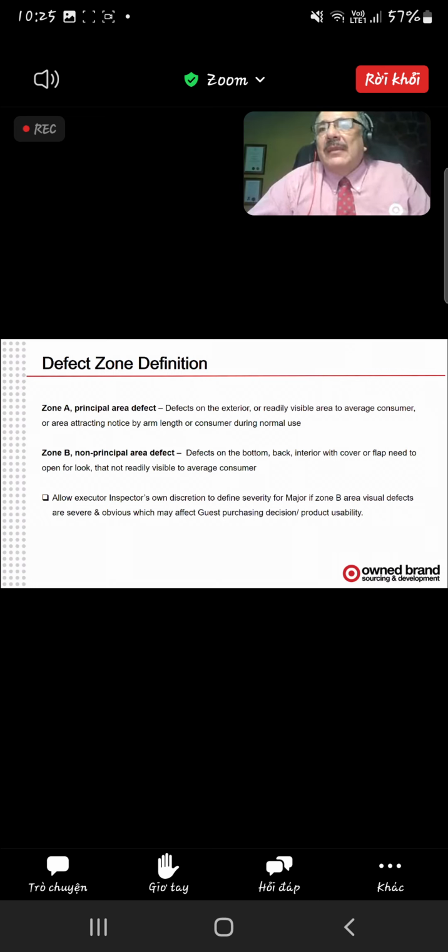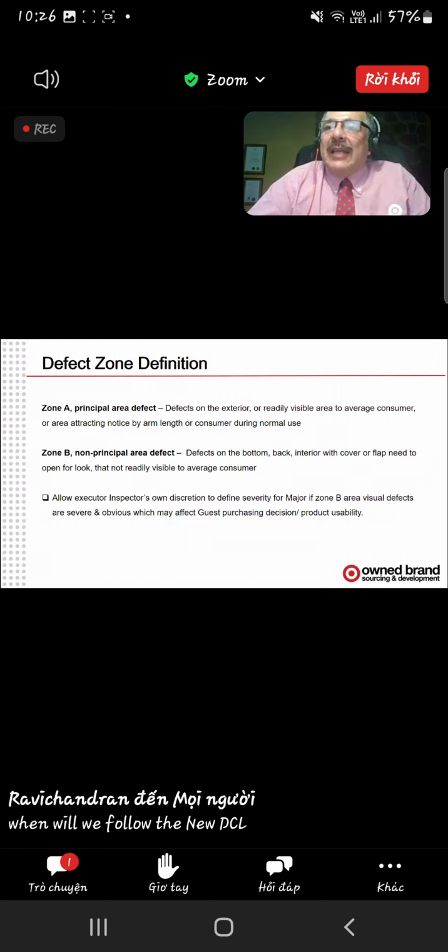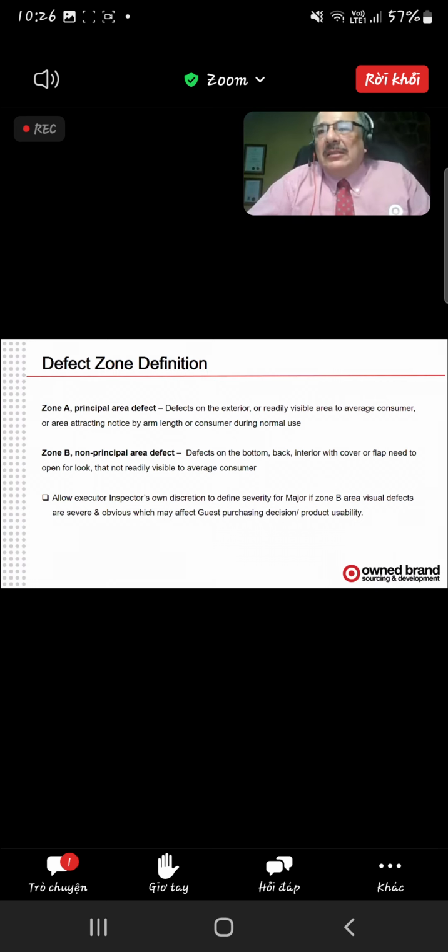The sample size is also using the AQL standard. We didn't change anything in the AQL in the inspection flow. We are using exactly the same, and no change is done.